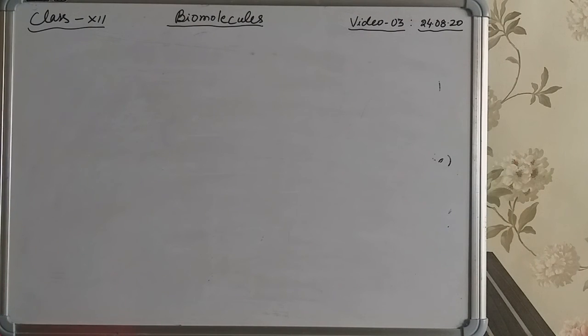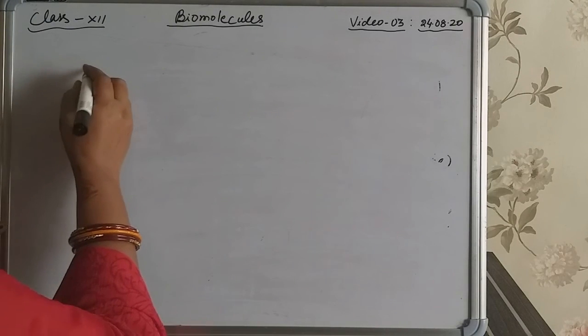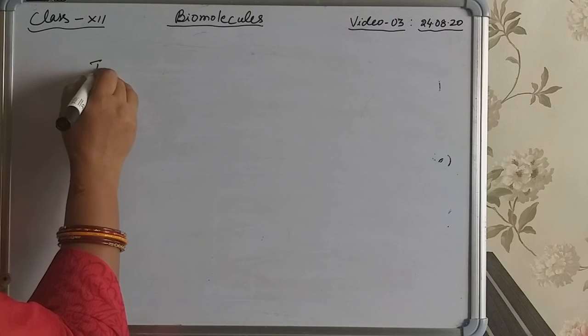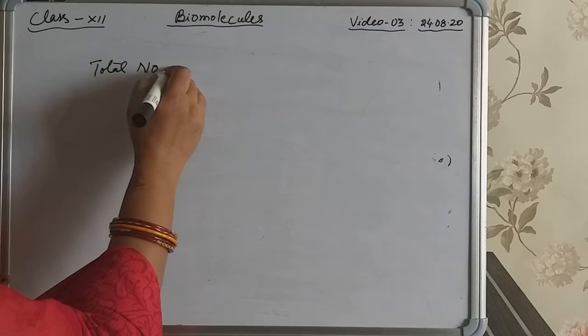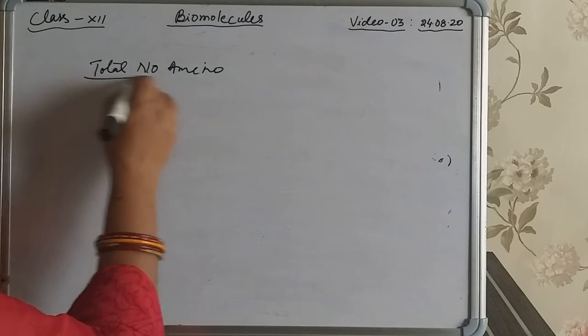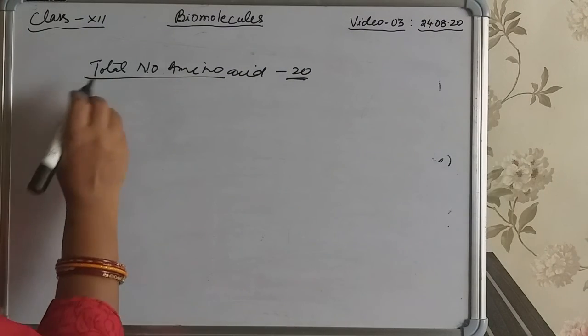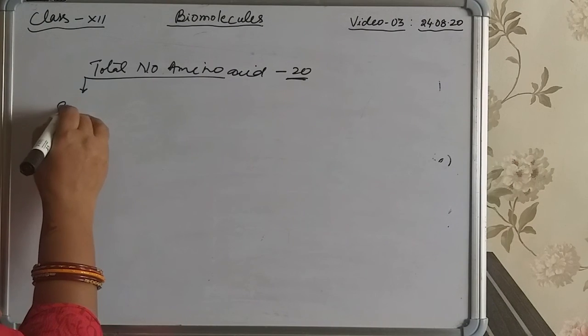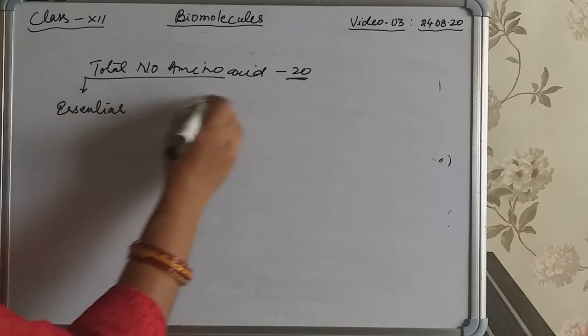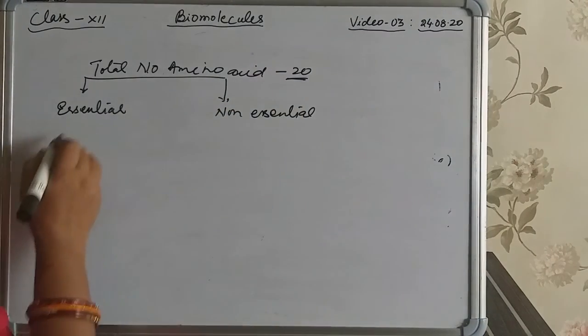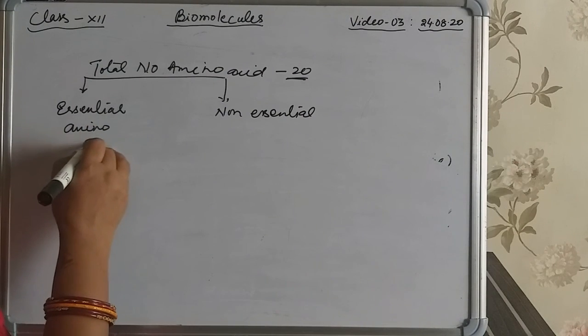Classification of amino acids. There are a total of 20 amino acids, which are classified in 2 ways: essential and non-essential amino acids.